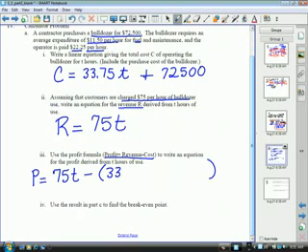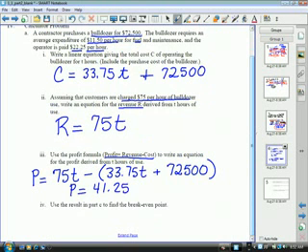The cost function needs to be in parentheses, because if you don't put that in parentheses, you'll have the wrong sign on that 72,500 and it'll be all messed up. So it looks like that's going to be, what, 41.25T, is that right? Minus 72,500.